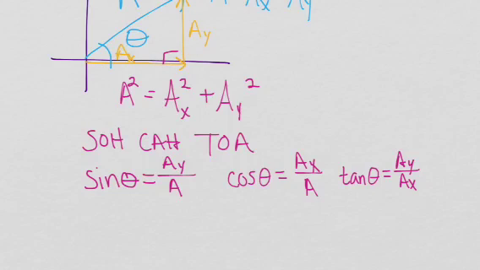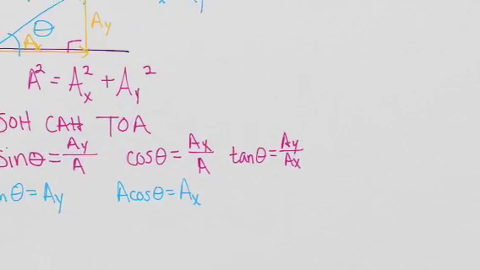I can rework these so that I can find my component vectors, where I can say A sine theta is equal to A sub y. A cosine theta is equal to A sub x. Okay, so both of those are going to let us find our component vectors.